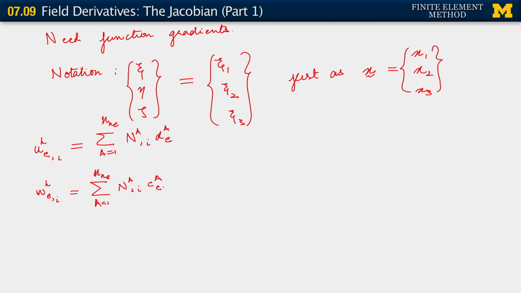Leading up from the notation that we've already established for the coordinates in the parent subdomain, I am going to say that we will use uppercase indices for components of xi.